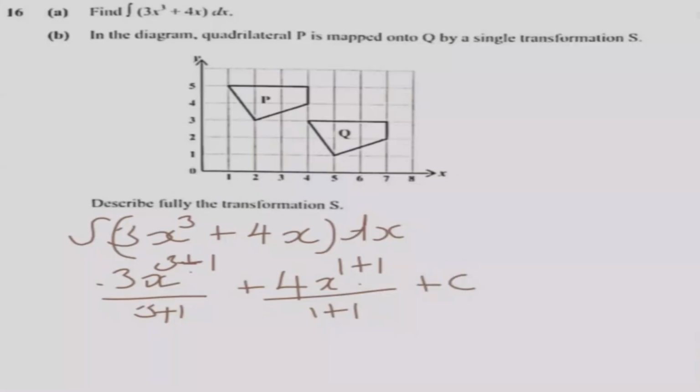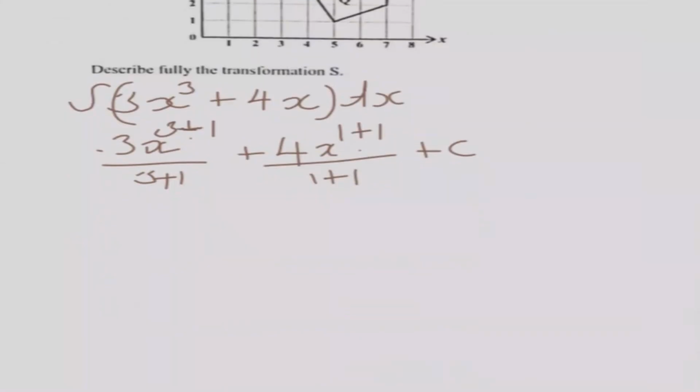Once I've done that, the next thing is to evaluate. 3 plus 1 gives me 4, so 3x raised to the power of 4 over 4, then plus 4x, 1 plus 1 gives us 2, then over 2, then plus c.